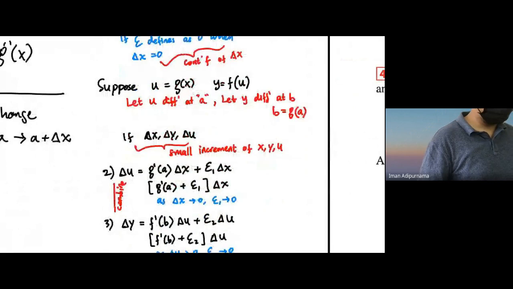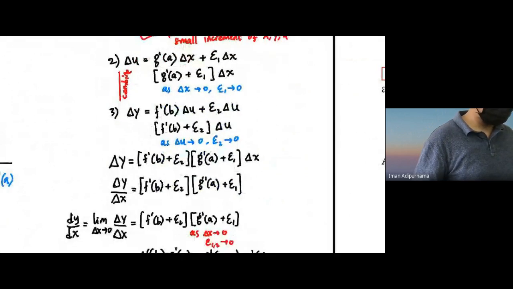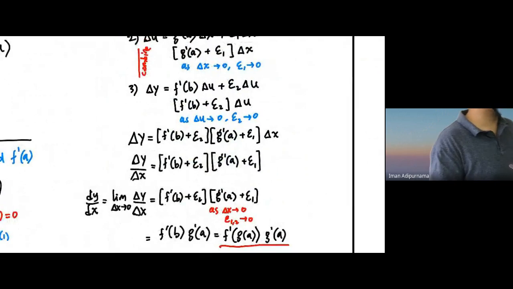So we have 2 epsilon, but then again, because of limit, this is why a limit is important. Because of limit, we can say that when the delta x is getting closer to 0, our epsilon is also getting closer to 0. So we can eliminate the epsilon, and then we can prove that the chain rule is correct.